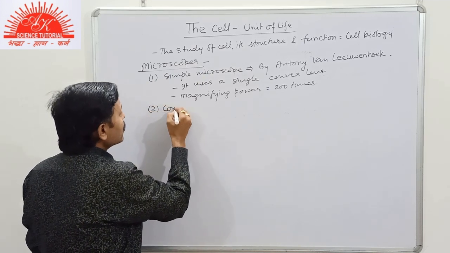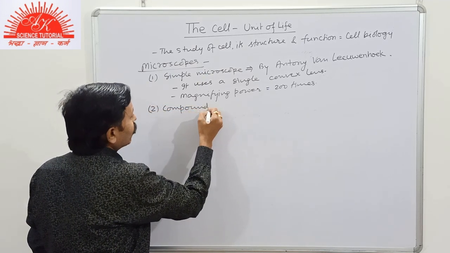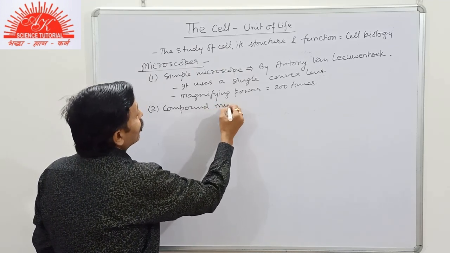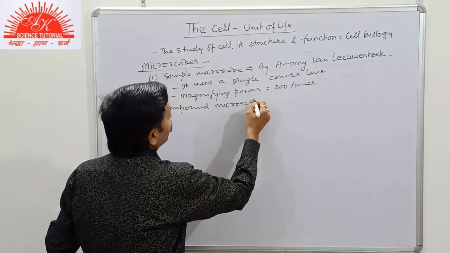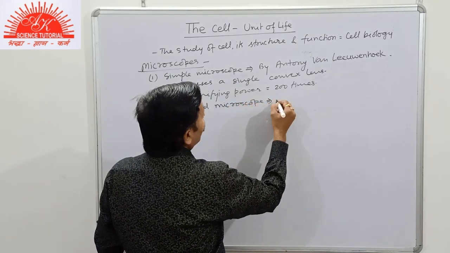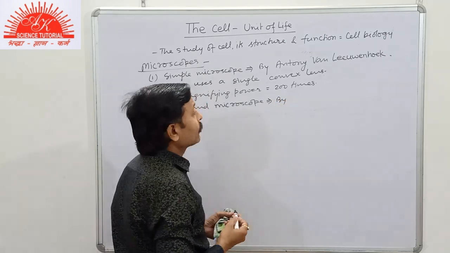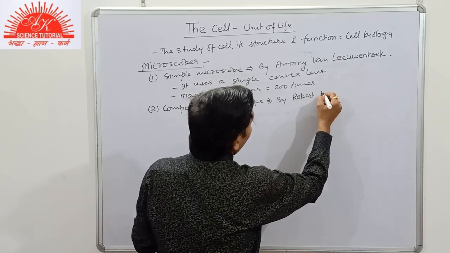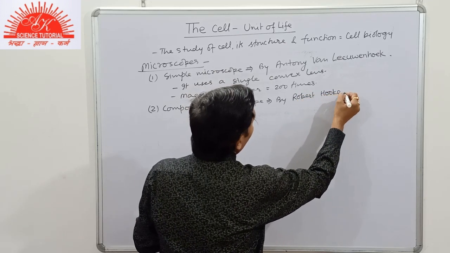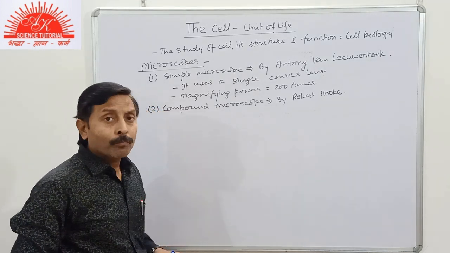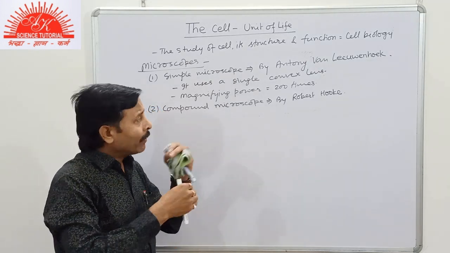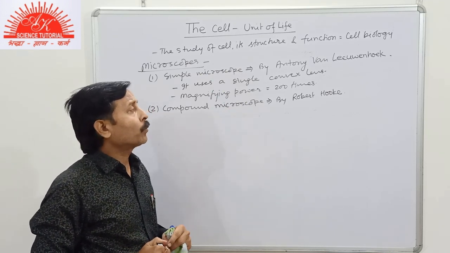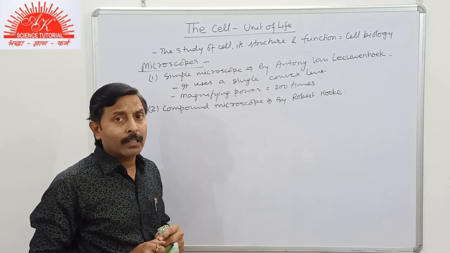Then there was another type of microscope called the compound microscope. It was discovered by Robert Hooke. Now, in many designs with some modifications, many compound microscopes were constructed.